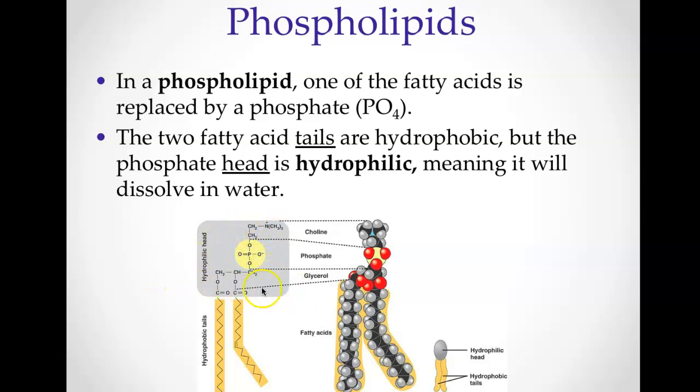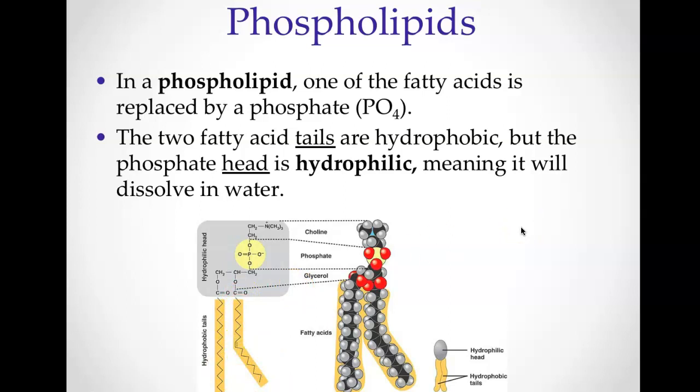But this phosphate head, we know phosphates have charges on them. Anytime you have something that has a full or a partial charge, it's going to get along with water really, really well because water has partial charges, right? And so we consider this phosphate head to be hydrophilic and these two fatty acid tails to be hydrophobic. So it has both properties.